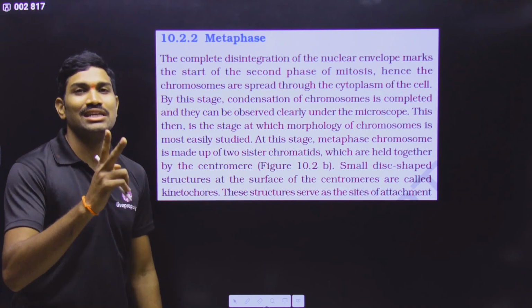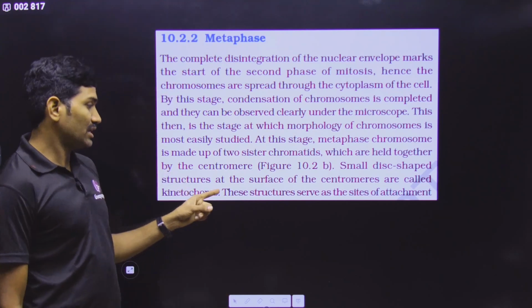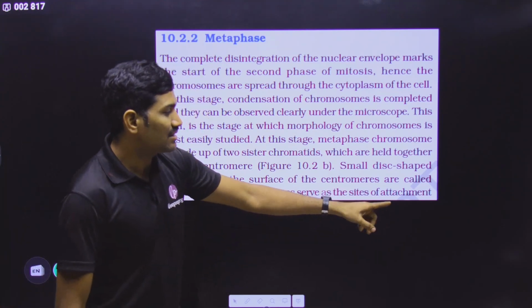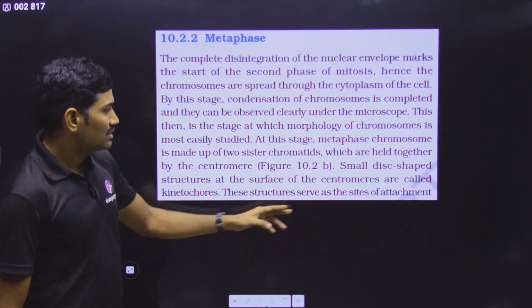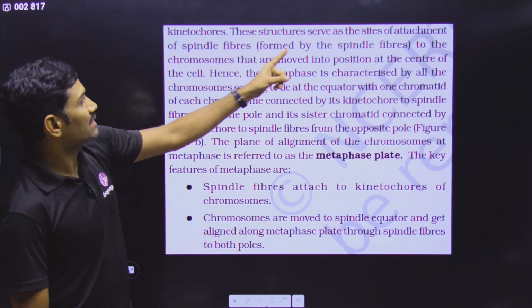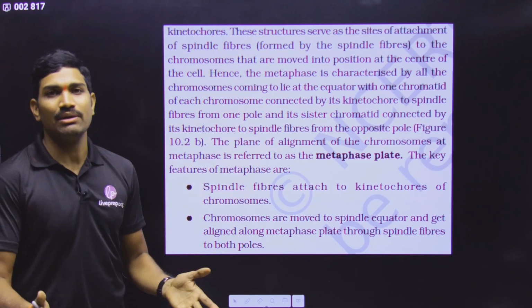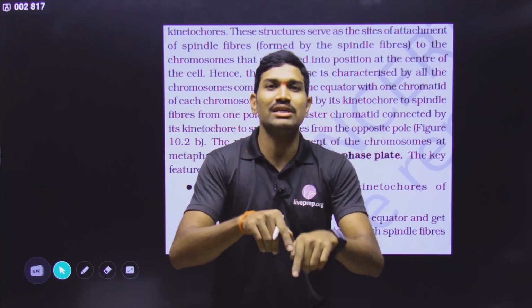There are two disc-shaped structures called kinetochores present for each chromosome. These structures serve as the sites of attachment of spindle fibers. So spindle fibers from the opposite poles will come and attach to these kinetochores.